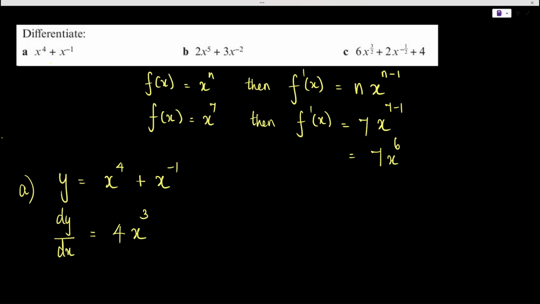For the second term, the power of x is minus 1, so we just do minus x, and then minus 1 minus 1 is minus 2. So we have 4x cubed minus x to the power of minus 2.